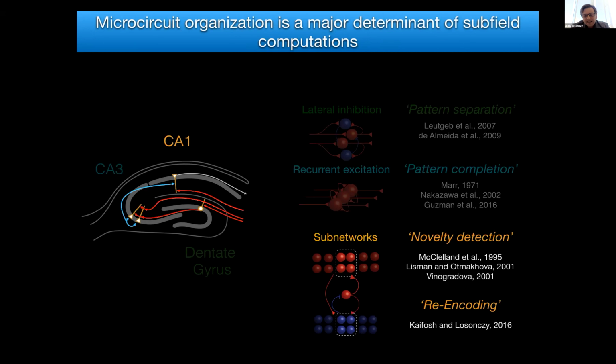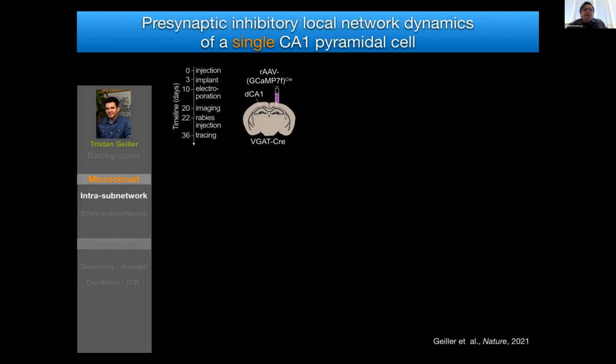Both of these mechanisms can have major implications for the modes and mechanisms of place cell and place cell map formation and dynamics. Let me briefly show you how we arrived at this conclusion.